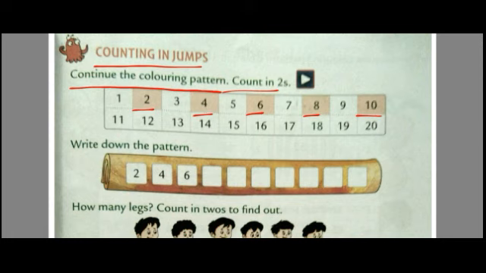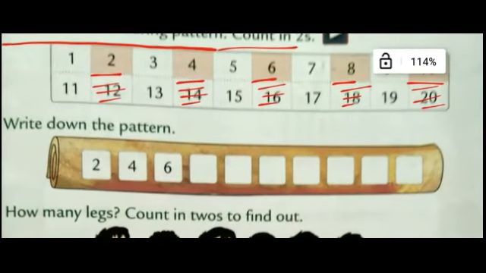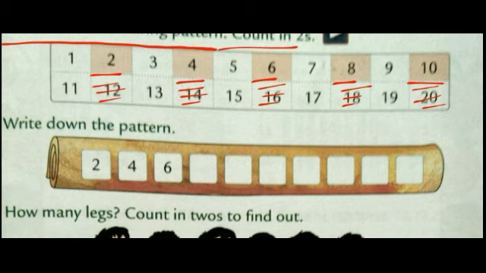Then leaving 11, 12. Then leaving 13, 14 we will be coloring. Then leave 15, 16 will be colored. Leave 17, 18 will be colored. Leaving 19, 20 will be colored. Now we need to write down the pattern that we have colored. 2, 4, 6, then 8.